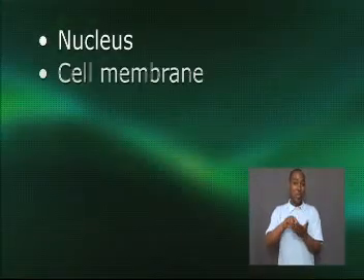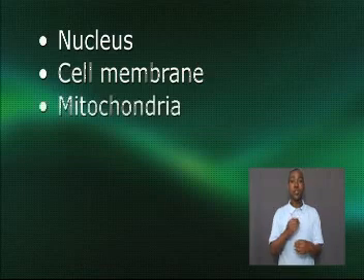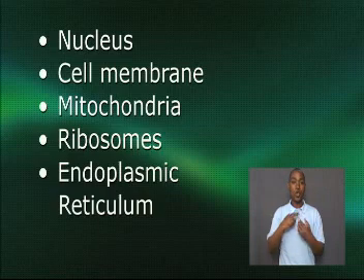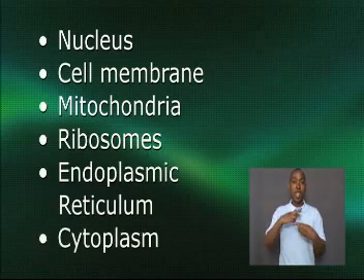Not only do cells carry out similar processes, but plant and animal cells have a few other similarities between them. Almost all eukaryotic cells have a nucleus, cell membrane, mitochondria, ribosomes, an endoplasmic reticulum, and cytoplasm.